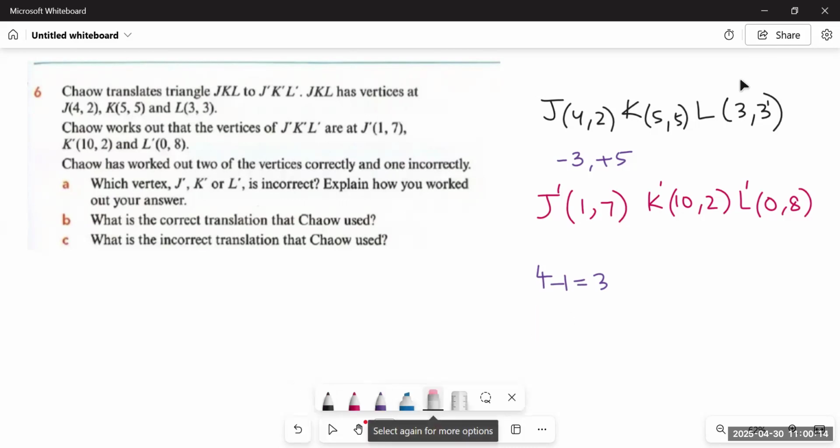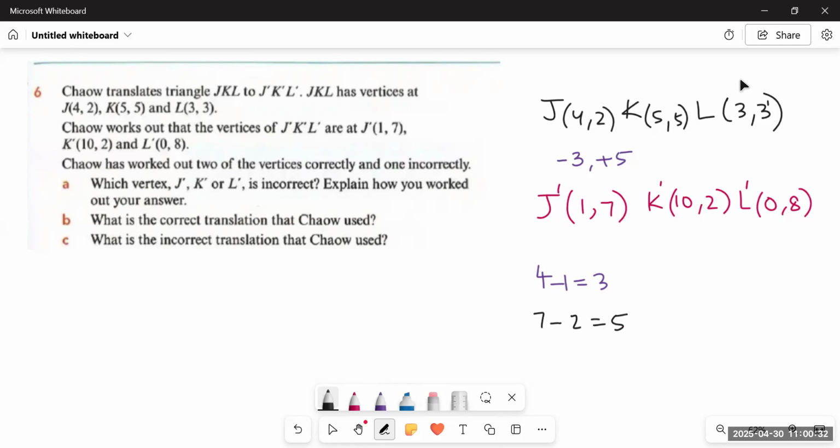If the numbers are increasing, then we subtract the smaller from the bigger number: 7 minus 2 is equal to 5. So it means we have to subtract 3 from 4 to get 1 and add 5 to 2 to get 7. Then we have 5 and 10.